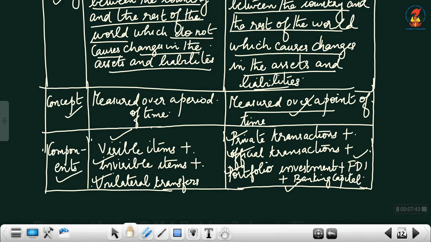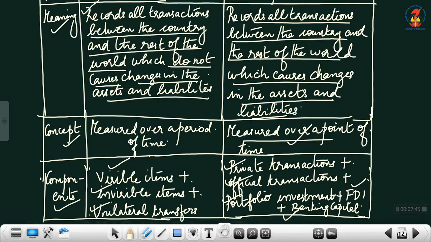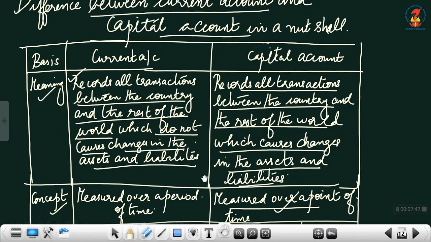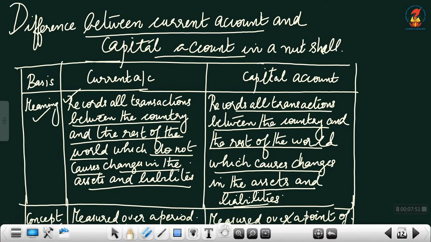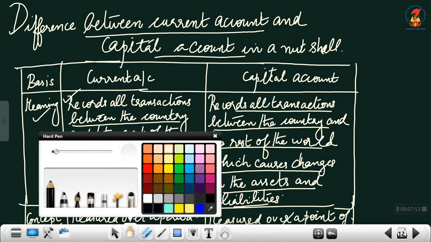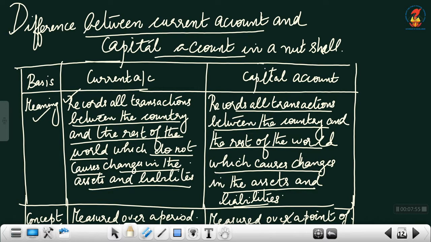In a nutshell, we have learned about current account and capital account. I am going to differentiate these two in a nutshell. I have written everything here. That is the difference between current account and capital account in a nutshell.